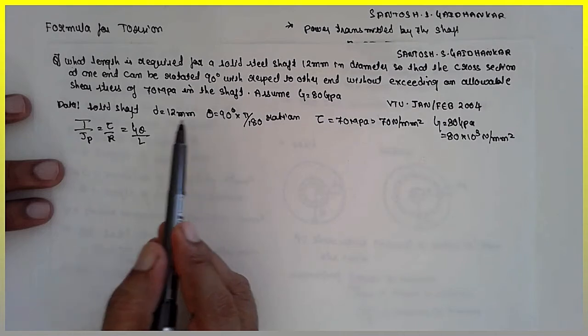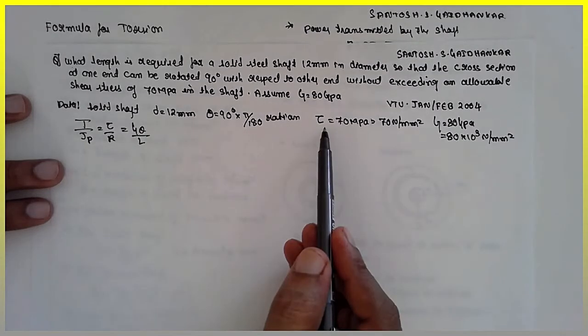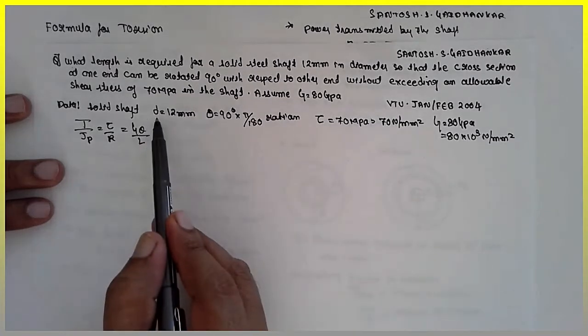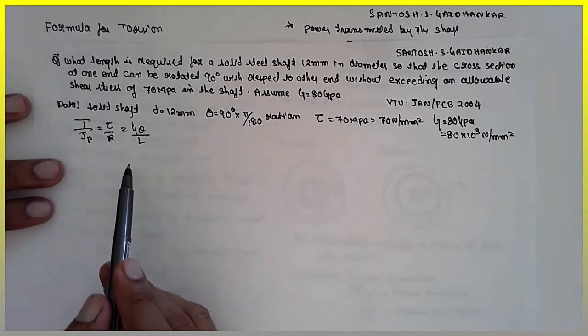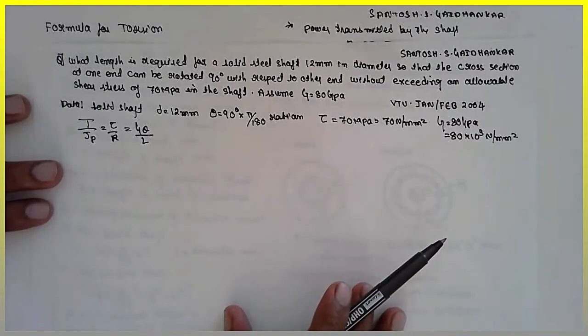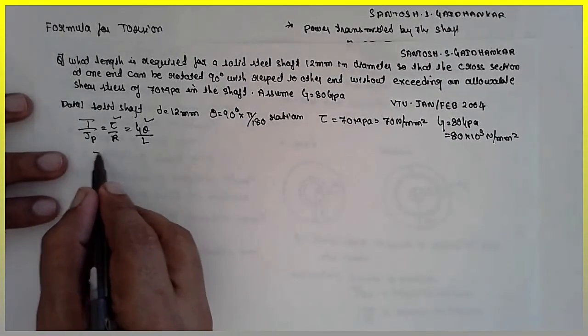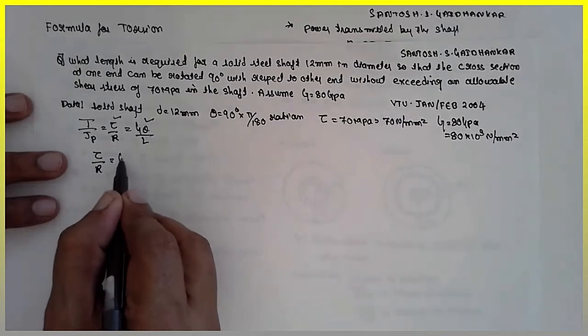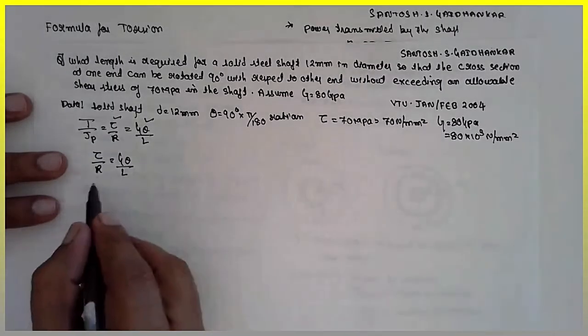The diameter is given, theta is given, shear stress is given. Now R can be obtained. R is nothing but d by 2. That means the combination of these two is preferred. Tau divided by R is equal to G theta by L. Tau is 70.